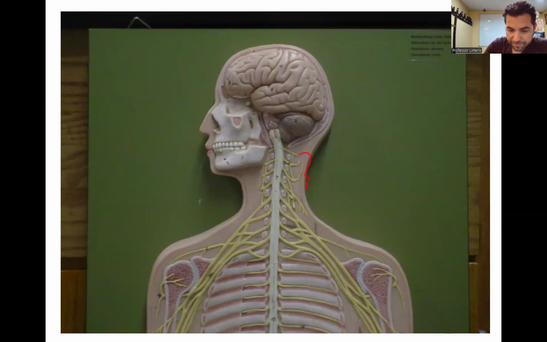Cervical plexus, brachial plexus, intercostal nerves. And this model is really good to see the nerves, right? This is our axillary nerve, as we said it was going to be by the deltoid. And that's pretty much what we could see on this picture, right?